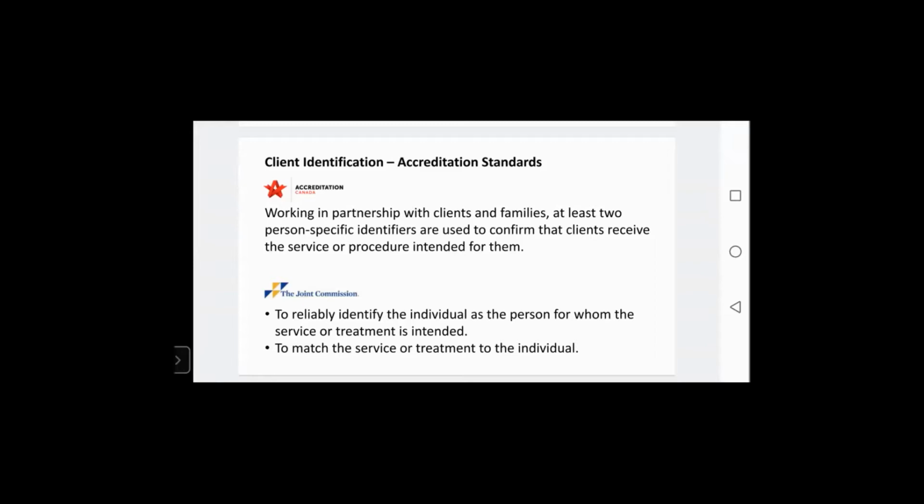So from these 2 standards, from different accreditation bodies, we need to make sure that this is the right patient in order to give him the right service and eventually to prevent any harm to the patient. Slide, please.